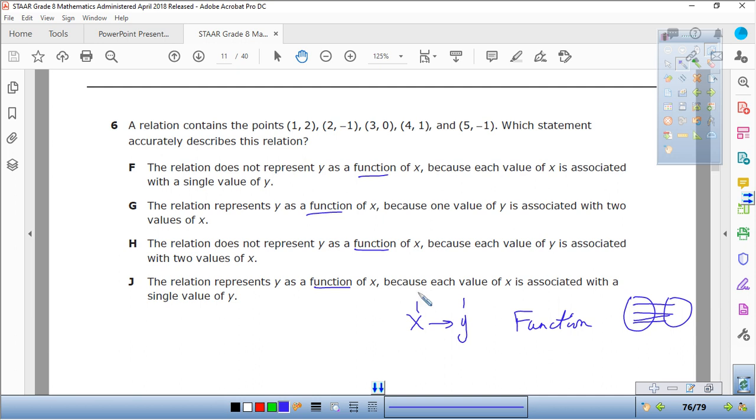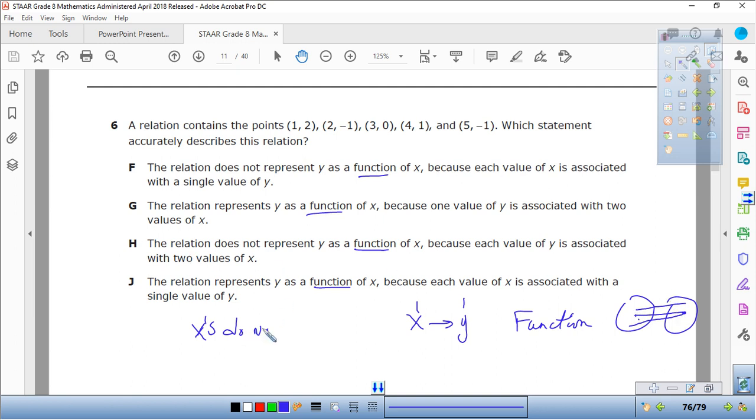You got it? I'm looking at it if it goes like this. No, that's wrong. What if this one goes to the same one over there? That is a function, okay? Those are all functions, because this one goes to 1, this one goes to 1.